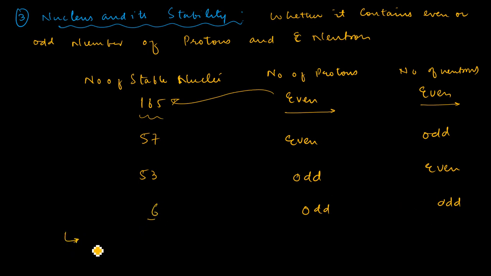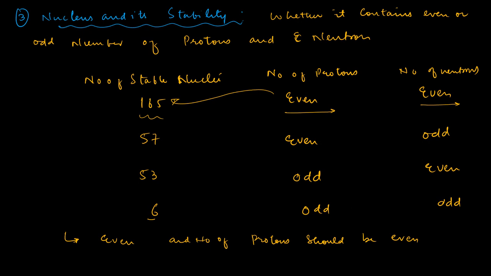So from here, if we have to check whether the nucleus is stable or not, the justifying criterion on the basis of the number of neutrons and protons is that the number of neutrons should be even and the number of protons should also be even.